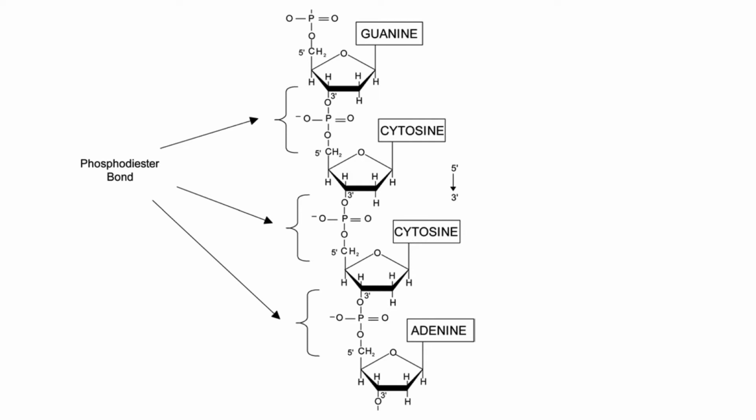If we start at the bottom of the screen, you have the sugar and the phosphate group of the first nucleotide, and the phosphate group is going to link to the sugar ring that's part of the next nucleotide.